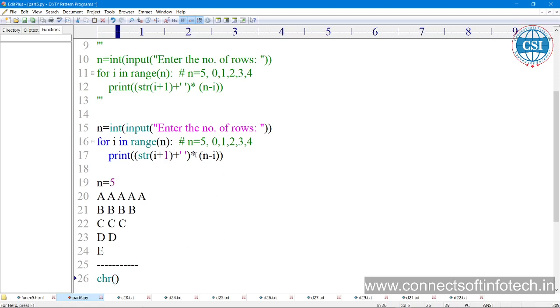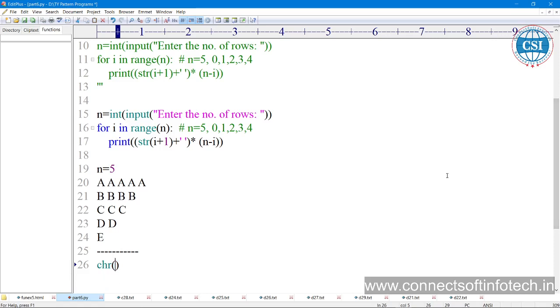Chr of what? For the first A, we can write 65 plus i. How many times? n minus i times. What is the ASCII code of capital A? That is 65. So we get A, n minus i times, that's it.